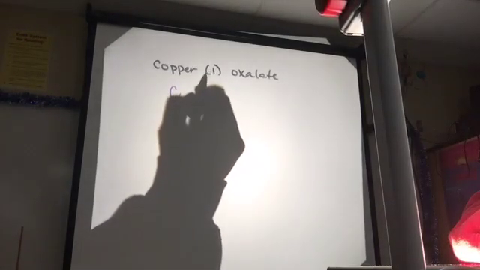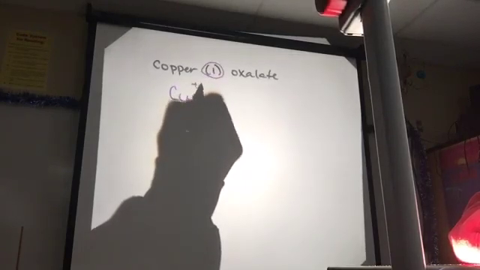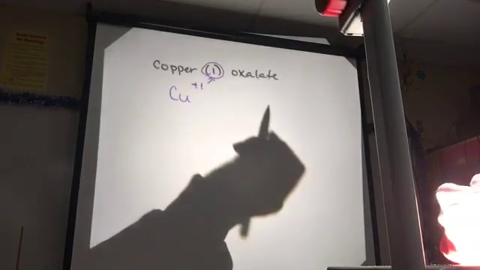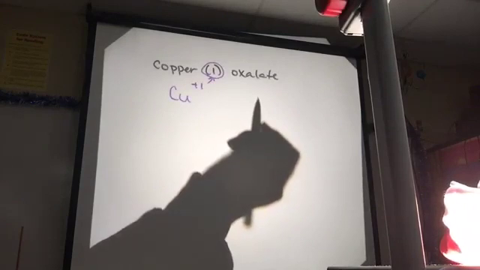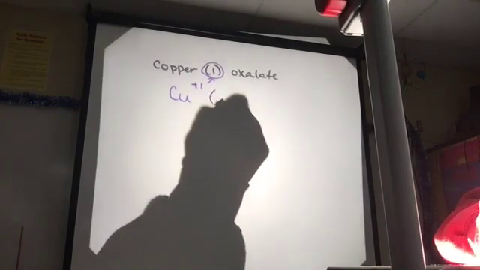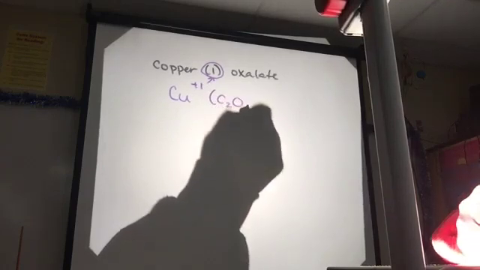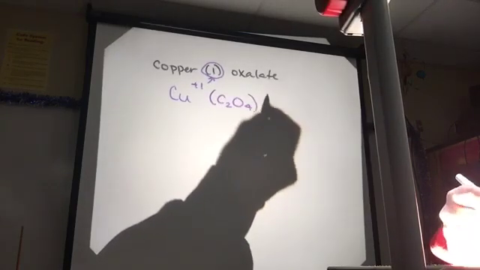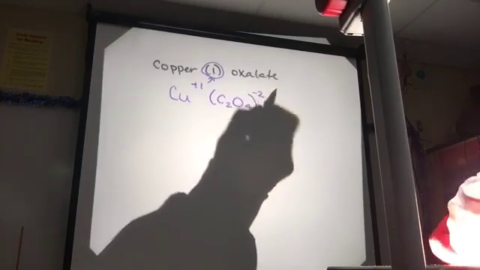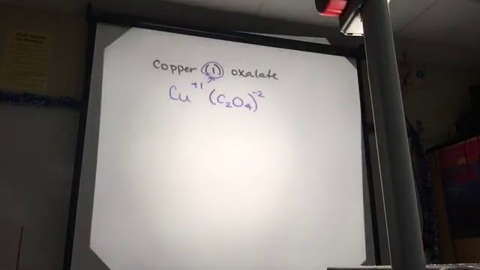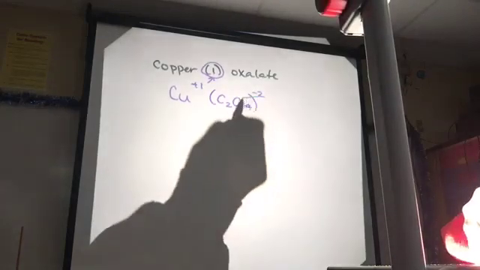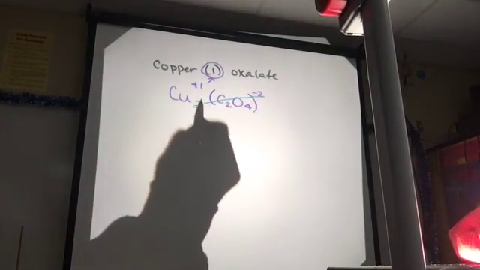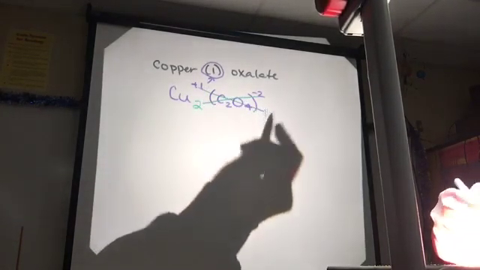Look up here. It tells you, that's your +1 right there. Okay? What is oxalate's formula? C2O4. Notice I'm putting it in parentheses. And what's the charge on oxalate? -2. So then this 2 comes down here, and that 1 comes out there.